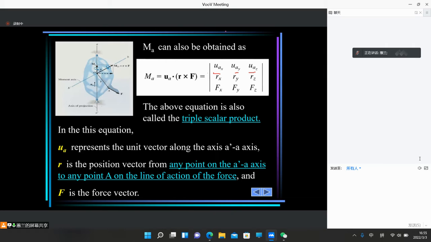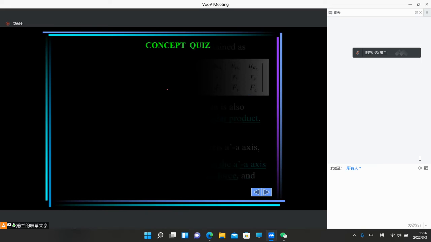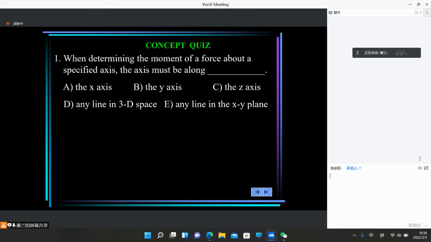So finally, if you calculate the moment of F about the origin, its x component, y component, z component are actually the moment about the x-axis, y-axis, z-axis, right?